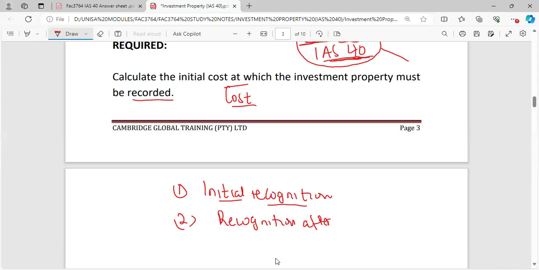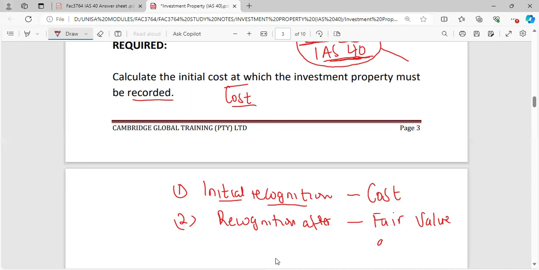So that's how you take it to your investment property. Here you are going to look at the cost of the investment property. Here you are going to look at if it is measured at fair value. So it means you are going to look at fair value adjustment.